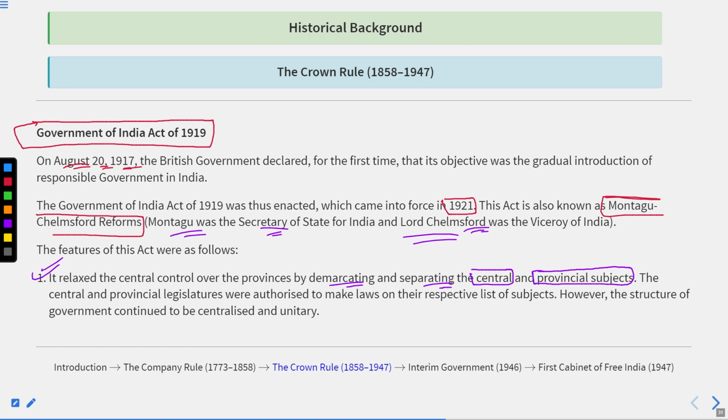However, the structure of government continued to be centralized and unitary, which means that basically the provinces were allowed to make rules with autonomy on the provincial subjects. The center was allowed to make rules with autonomy on the central subjects, but still the centralization and the unity in the structure of the government was maintained.